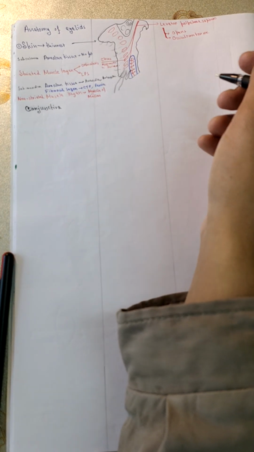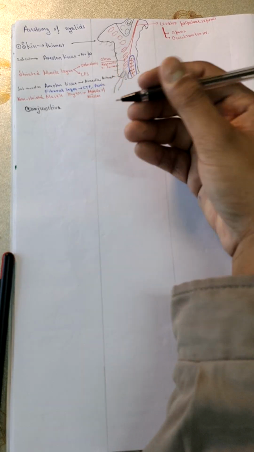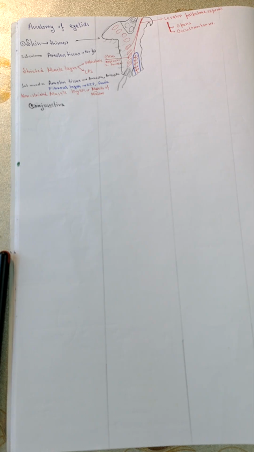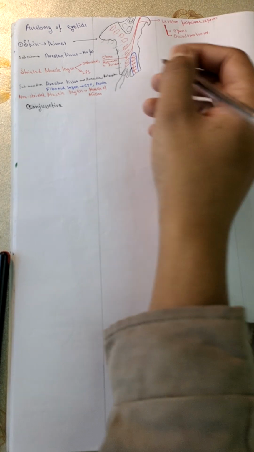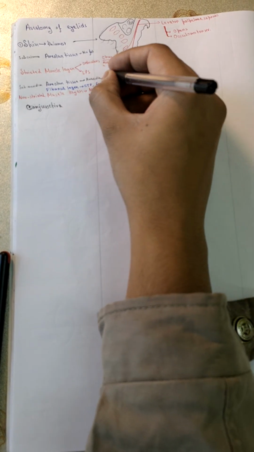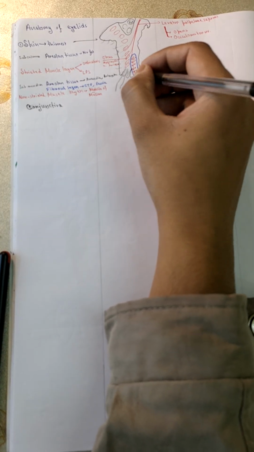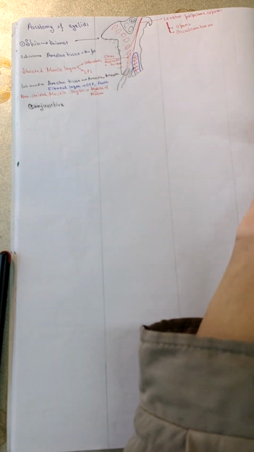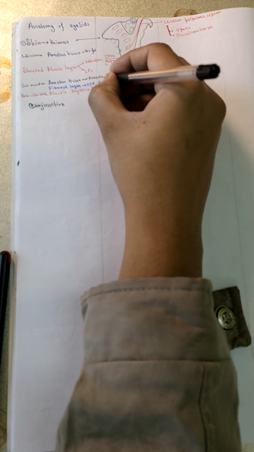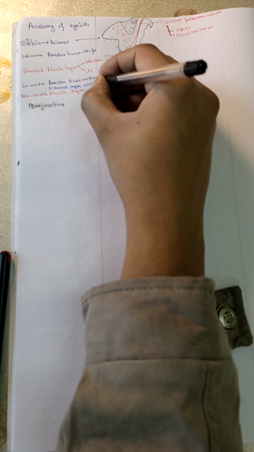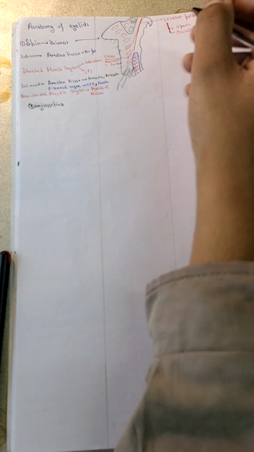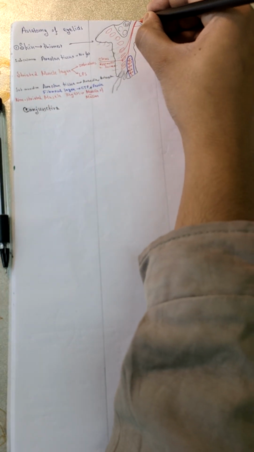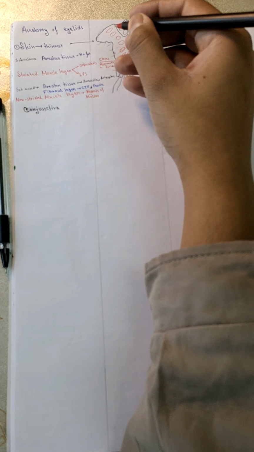Next is the fibrous layer that forms the fascia, the central tarsal plate, and the palpebral fascia. Next is the non-striated muscle, that means the uncontrollable muscle.